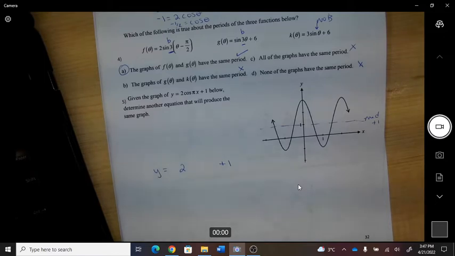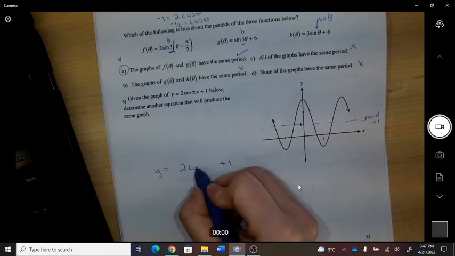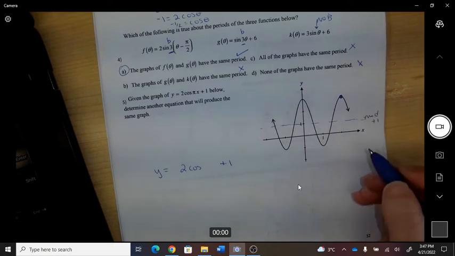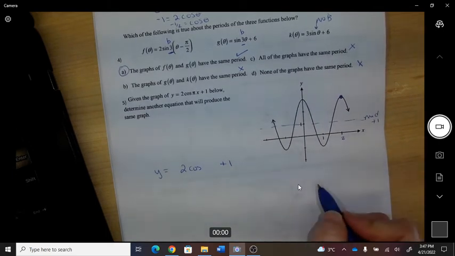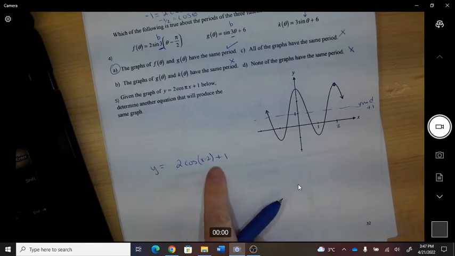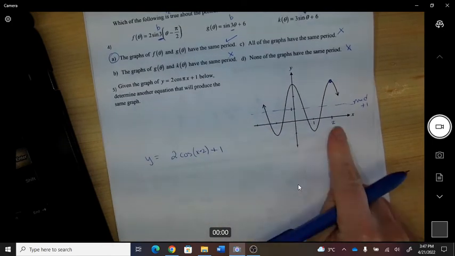So we could have different things going on. If we want to try a different cos curve, if I take that coordinate, that x value is 2, so I could say that happened, where I shifted it right to.